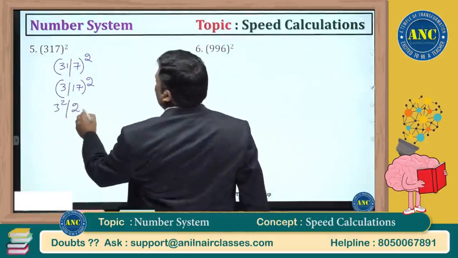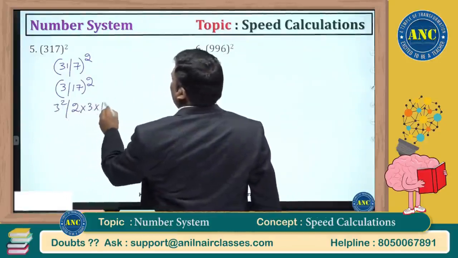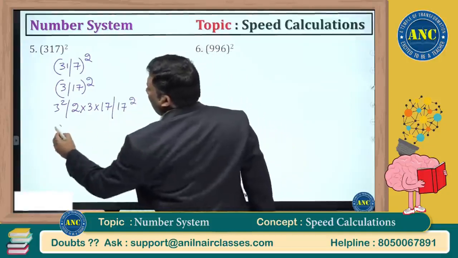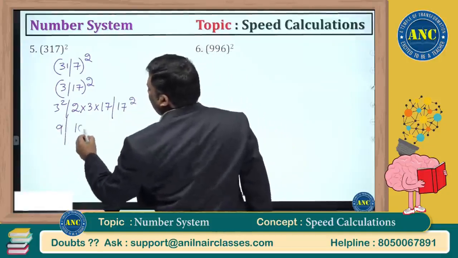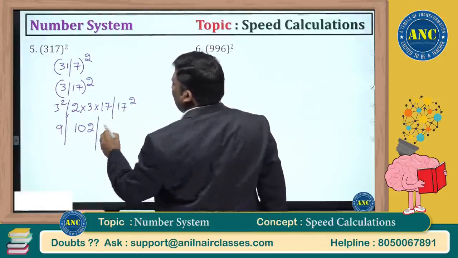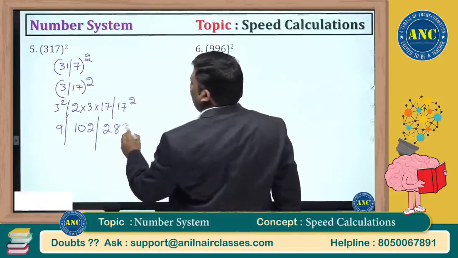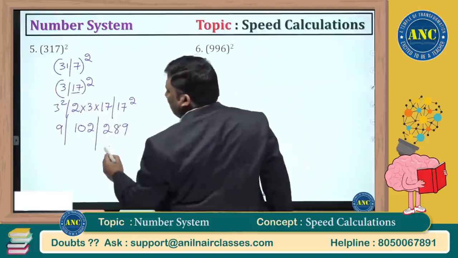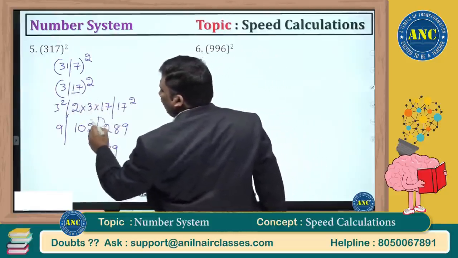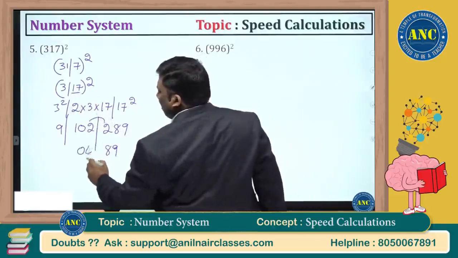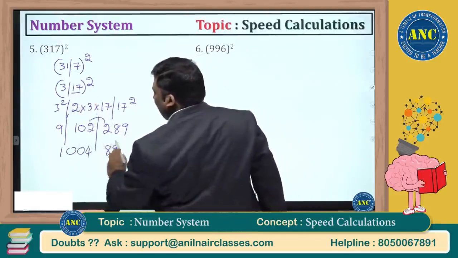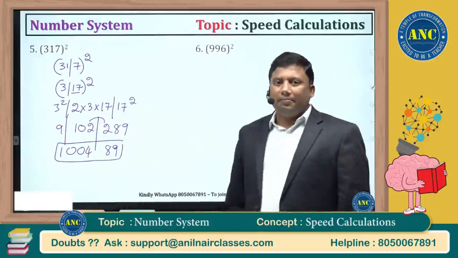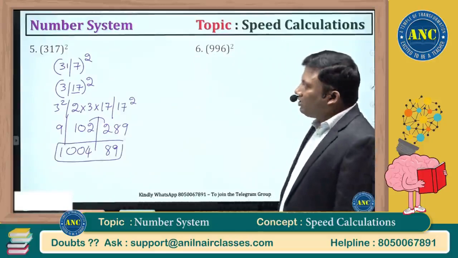A square, next is 2AB, and the next one is B square. 3 square is 9. 2 into 3 into 17 is 102. 17 square is 289. Here B is taking 2 digits. So 89 written, 2 carried, 104, 1 carried. 9 plus 1 is 10.